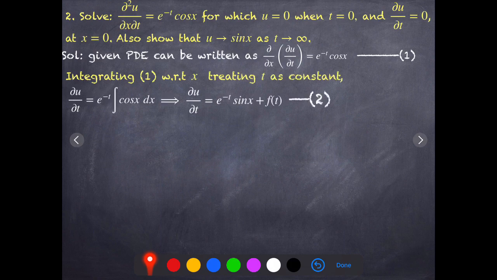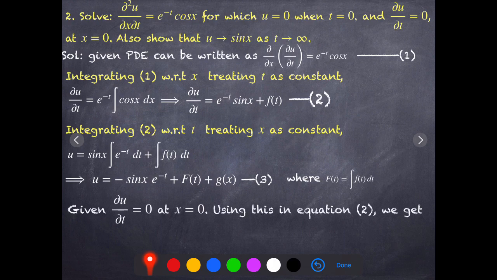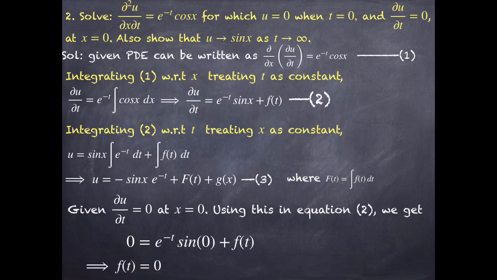So we get e^(-t) sin x + f(t). Again integrating equation number 2 with respect to t, treating x as a constant, we get -sin x e^(-t) + F(t) + g(x). Use the first condition, that is ∂u/∂t = 0 at x = 0, in equation number 2, we get the value of f(t) equal to 0.